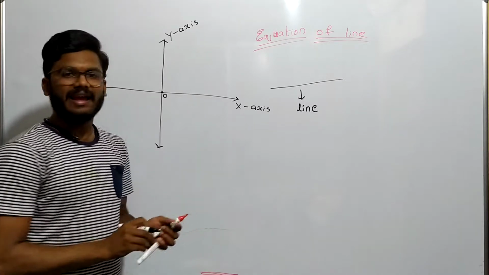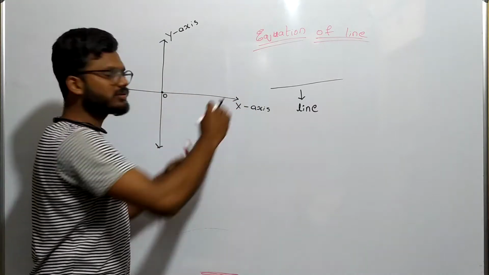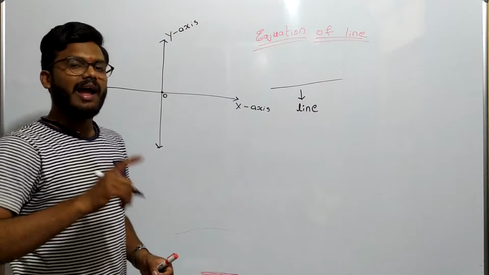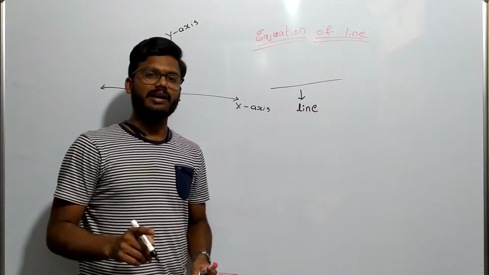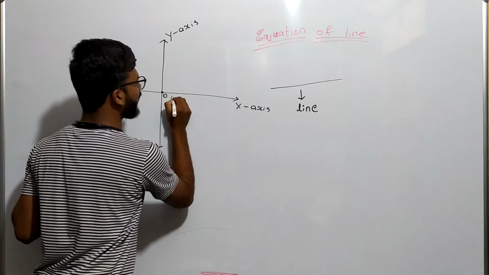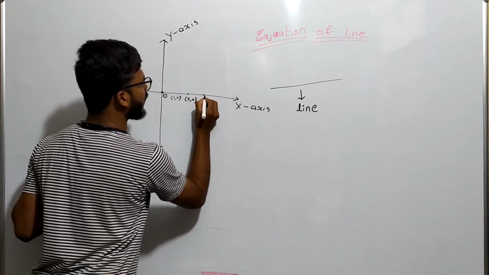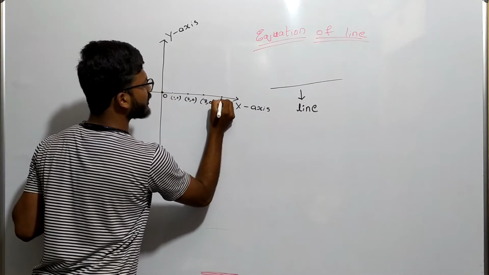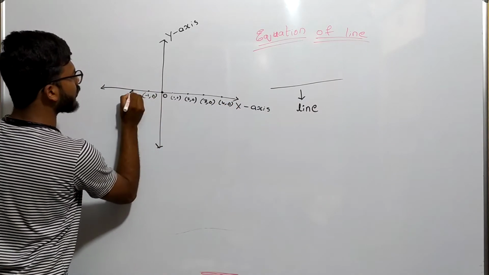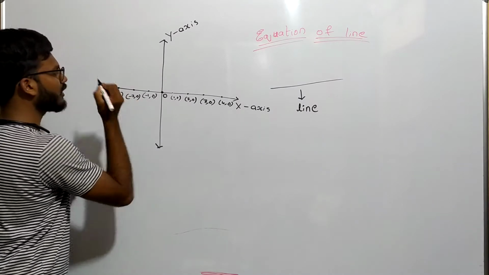If you want to represent x-axis as an equation, can I tell how all the points on x-axis are? If you take this point, you can write it as 1 comma 0. This point, 2 comma 0. This point, 3 comma 0. In the same way, 4 comma 0. If you come to negative side, you can write minus 1 comma 0, minus 2 comma 0, minus 3 comma 0, like that, right?